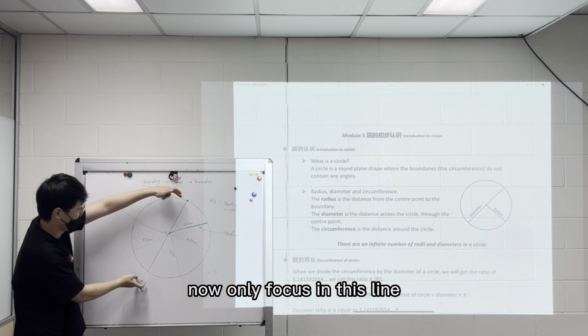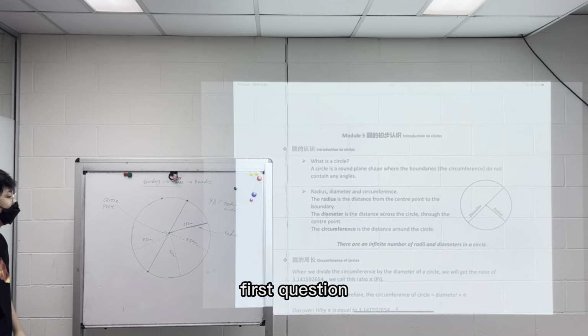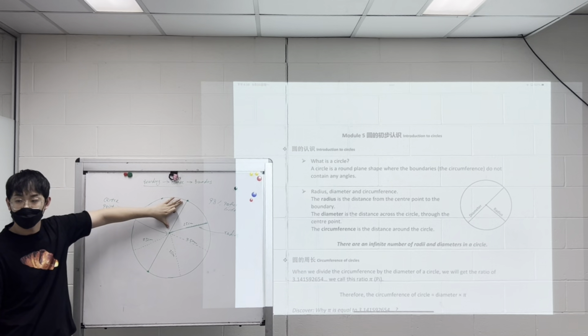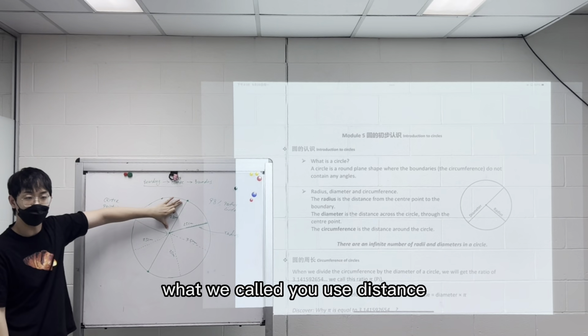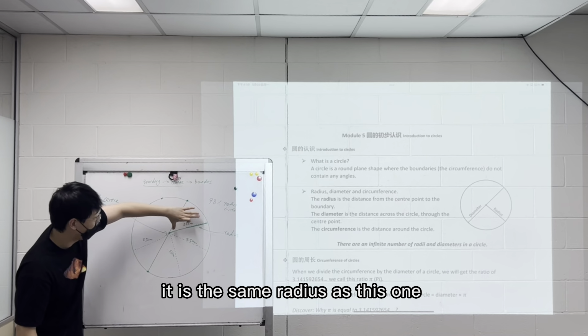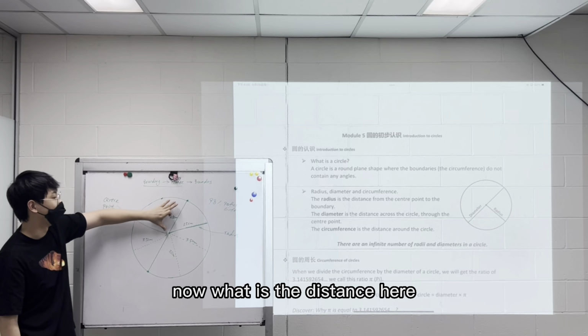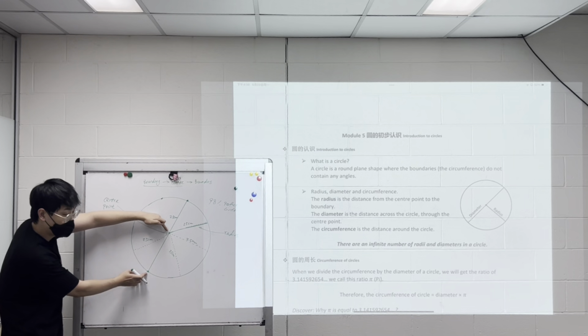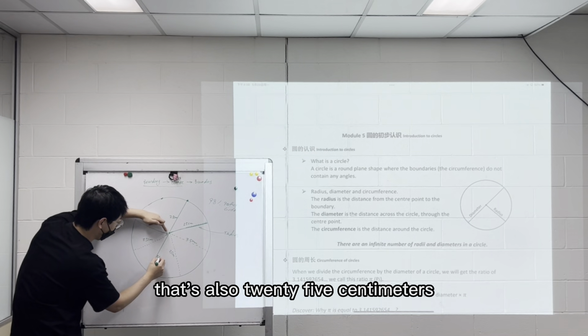Now, only focus on this line. First question, what is the distance here? 25. What do we call this distance? Radius, right? It is the same radius as this one. Now, what is the distance here, this part? 25 again, right? That's also 25 centimeters, and it is also called a radius.